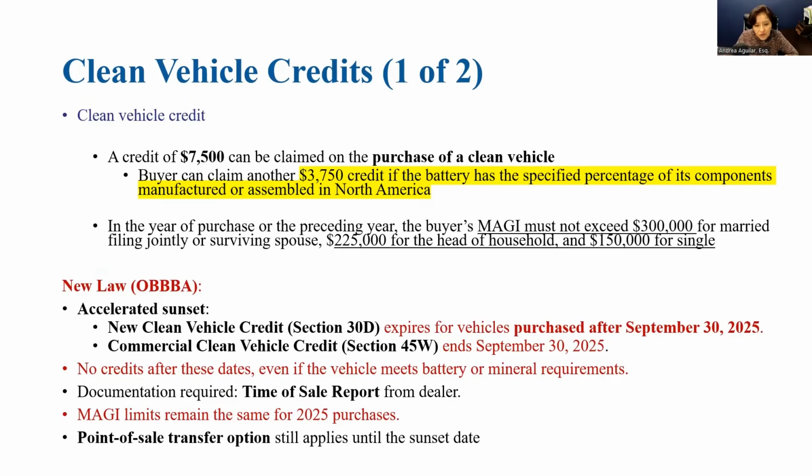In the year of purchase or the preceding year, the buyer's MAGI, modified adjusted gross income, should not exceed $300,000 for married couples filing jointly, or $225,000 for head of households, or $150,000 for single taxpayers. So that was a threshold. But according to OBBBA, this clean vehicle credit is set to expire after September 30, 2025.